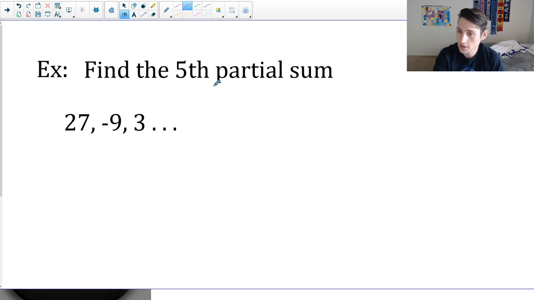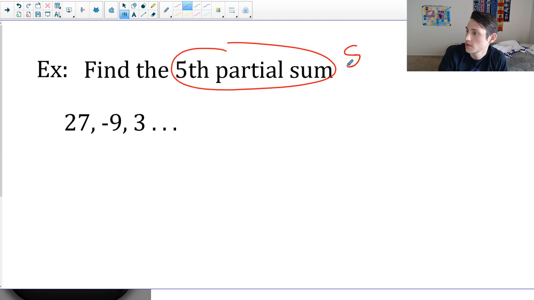Okay, so find the 5th partial sum. Okay, so that means S5. So first of all, I need to check to make sure that this is actually a geometric sequence. So I'll divide.